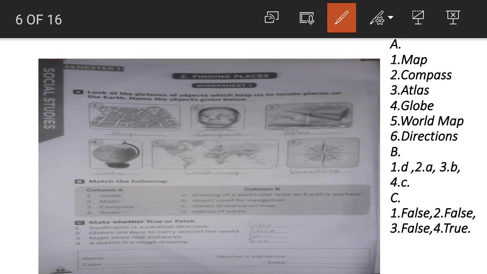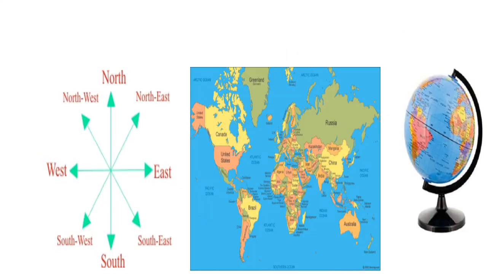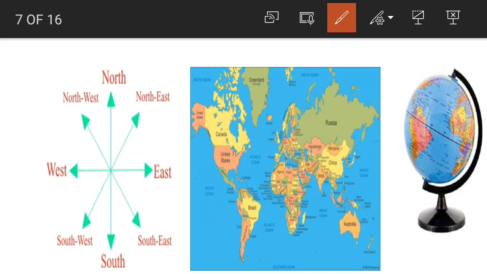Next, exercise C, state whether true or false. If it is correct, we will write true, and if it is wrong, we will write false. Question number 1, southeast is a cardinal direction. This is false. Why? Because as we have discussed, the cardinal directions are north, east, south, west.